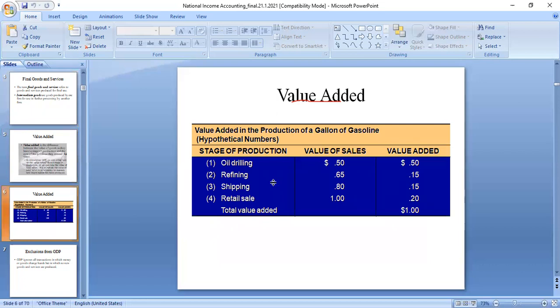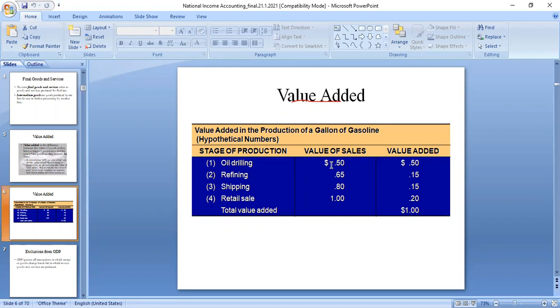So for example, here we have a table where we are seeing value added in the production of a gallon of gasoline, right? Gasoline is used as fuel. Here we shall have stages in the production process of gasoline. First of all, oil drilling.